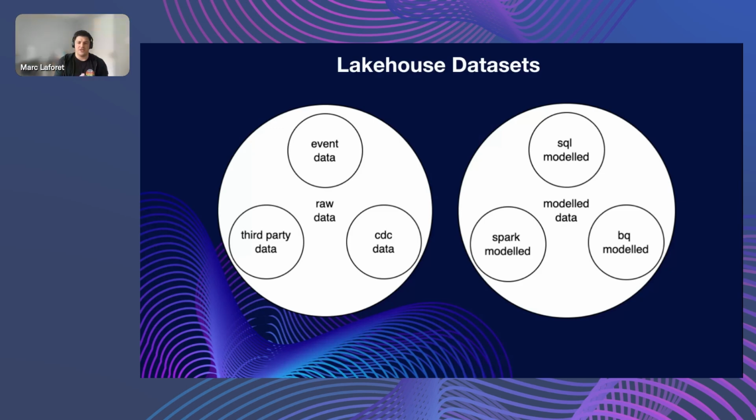As we looked at these data sets, we found that there were a lot of silos between the data sets that were determined by the tools that were built to work with the data themselves. There were tools that were specifically built to work on top of Spark, tools that were just raw SQL, and tools built on proprietary engines like BigQuery.